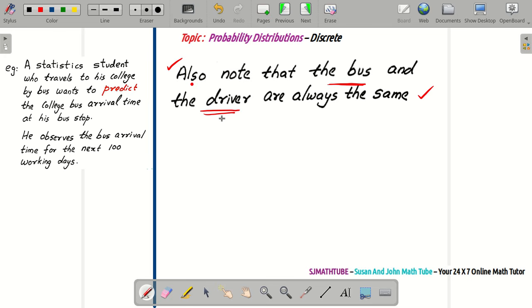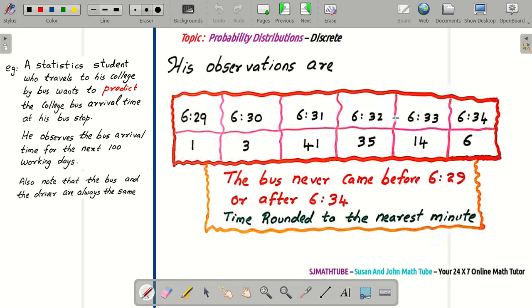And if you have another driver, the same thing. So he has some assumptions for his experiment. The bus and the driver, and I guess the driving conditions, the route, etc., are supposed to be the same. And these are his observations.